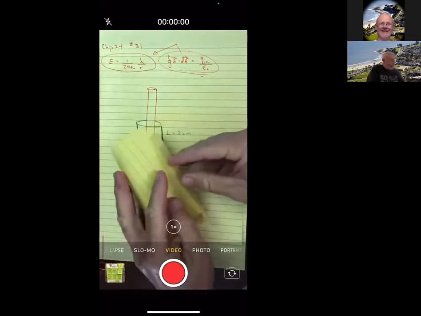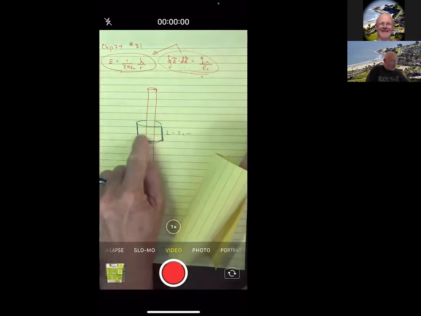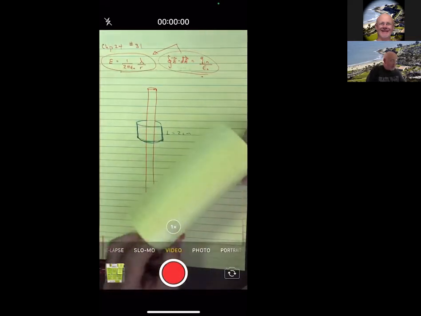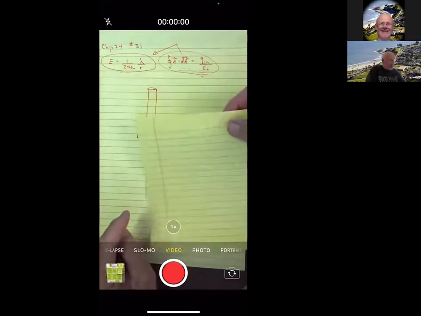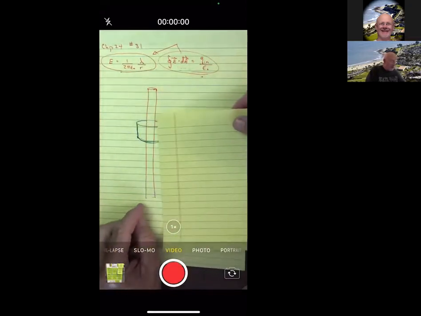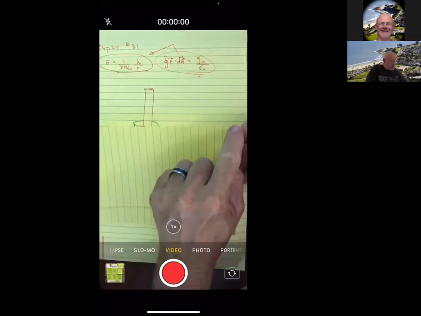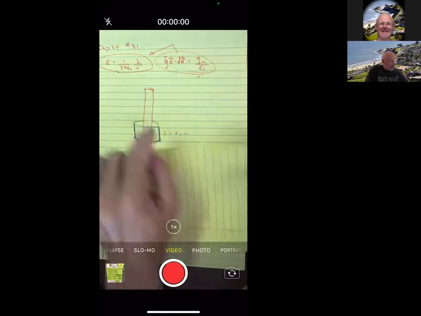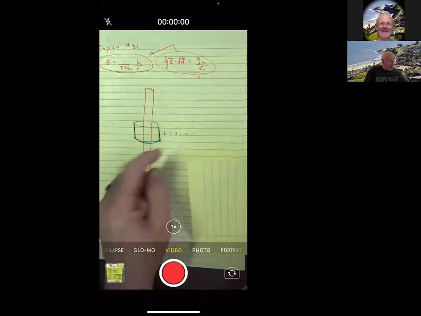If you wrap this cylinder here and ask what is the area of this, you can unfold it and say it would be length times width. If I call this the length, that's the circumference, 2 pi r, and then this would be the L. Maybe I should call this the length.